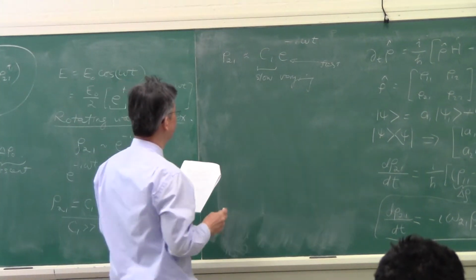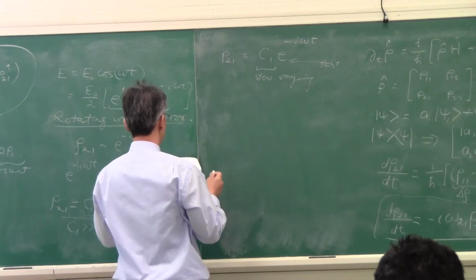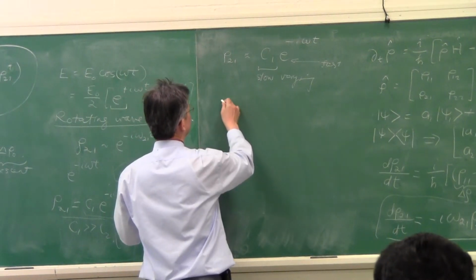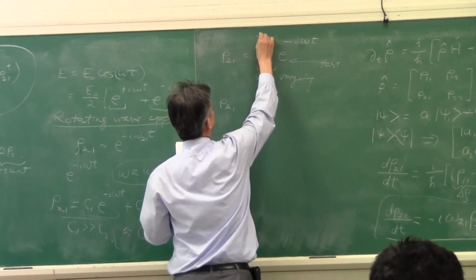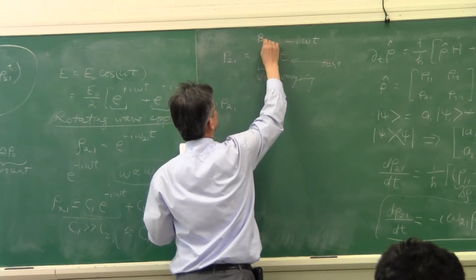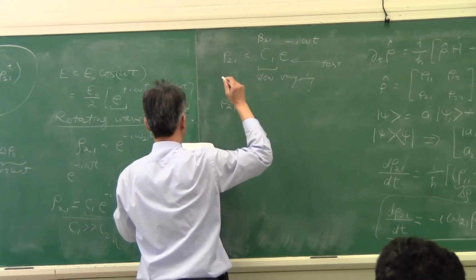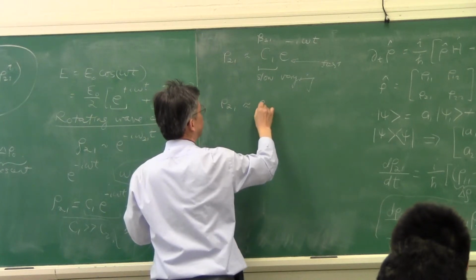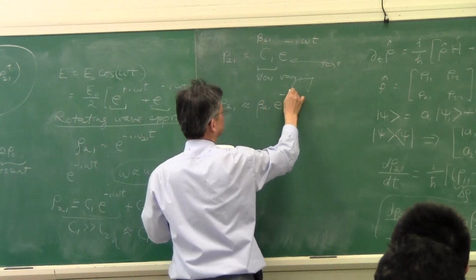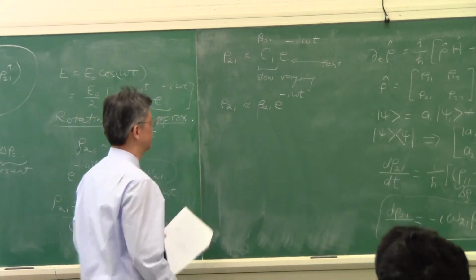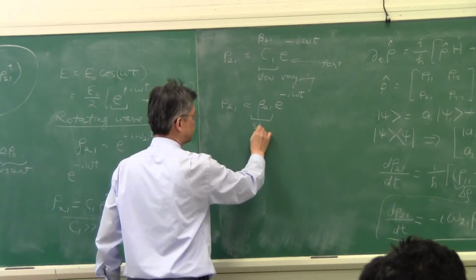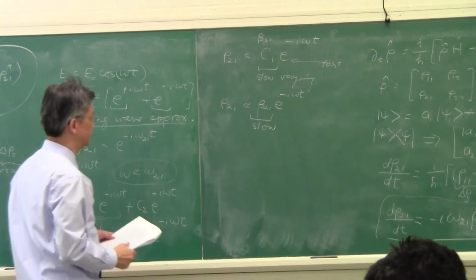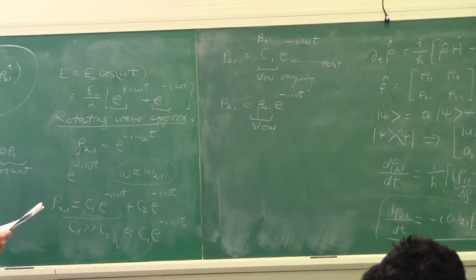So we can actually define this to be beta 2,1, and say that rho 2,1 is approximately equal to beta 2,1 e to the minus i omega t, where beta is slow, the other one being fast.